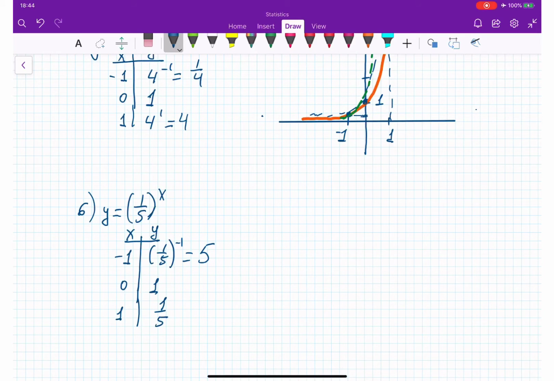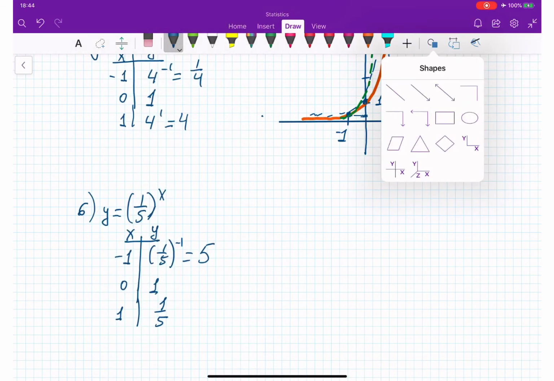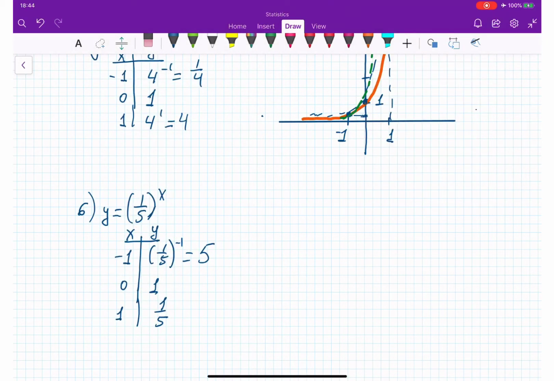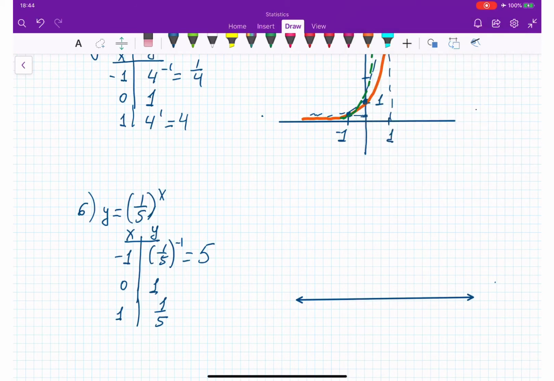Okay, so how is it going to look like? Let me see.